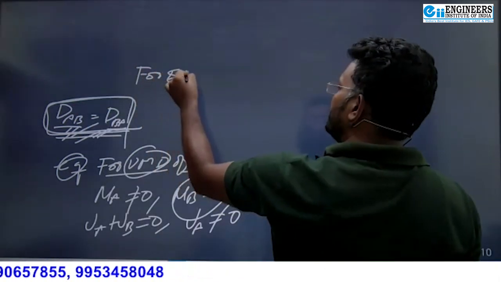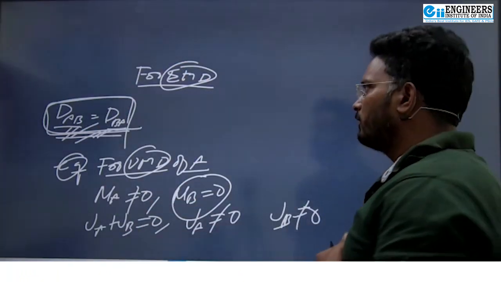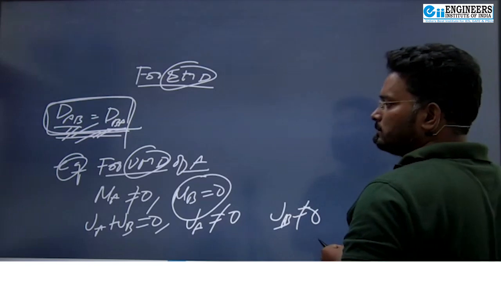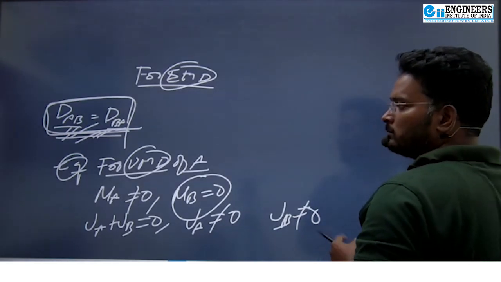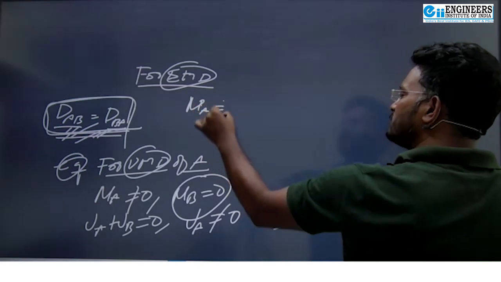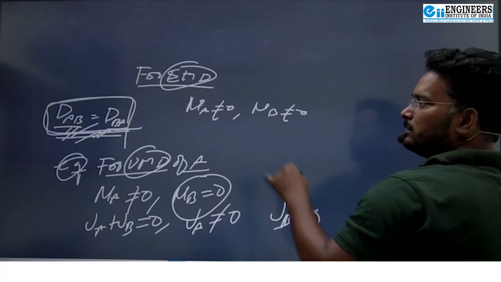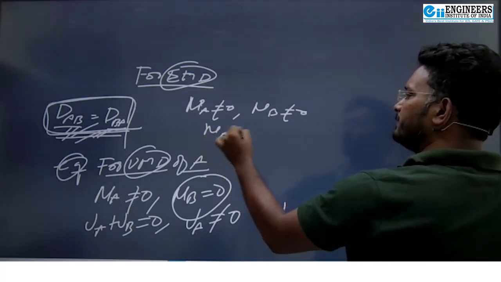For EMD, for equimolar counter diffusion, what will happen? Na is not 0, Nb is not 0, but they are equal in magnitude.